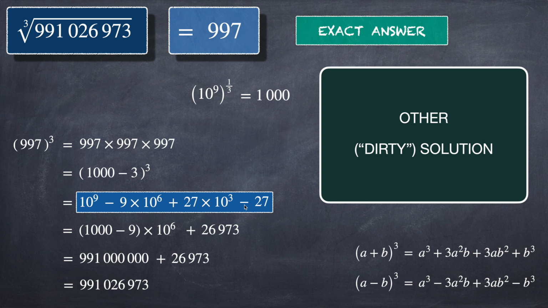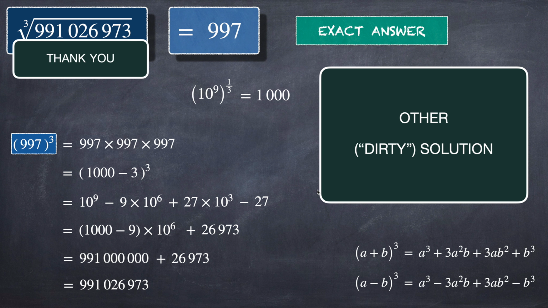And then, since you recognize that you just wrote this number in this form, you will verify if indeed it is in this form, and then write this number as the cube of this difference. And of course, 1,000 subtracted by 3 is 997, and then you just solve the problem using this solution. Thank you.